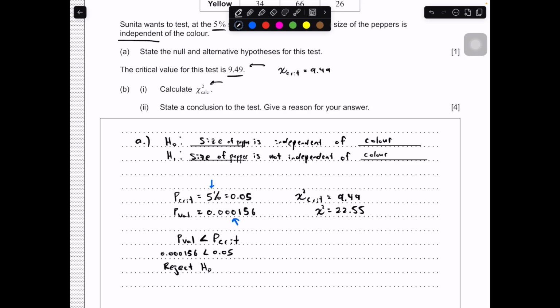So that would be one way to do it. The chi-squared value is a measure of the difference between observed and expected.